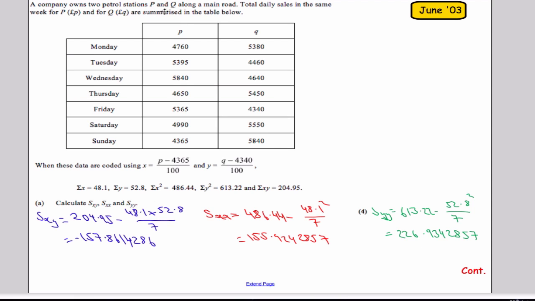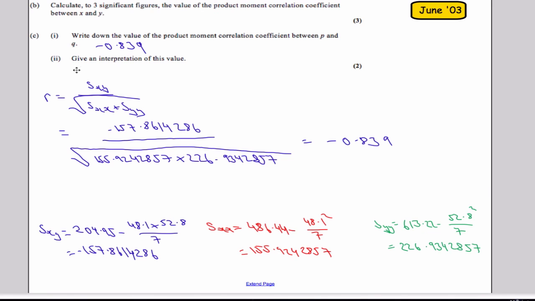The company owns petrol stations P and Q, and we're comparing the daily sales in the same week for P and Q. So what we say is if petrol station P has good sales, then petrol station Q will have good sales. So in other words, in fact, it's a negative correlation. So if P does well in sales, then Q won't do well in sales.